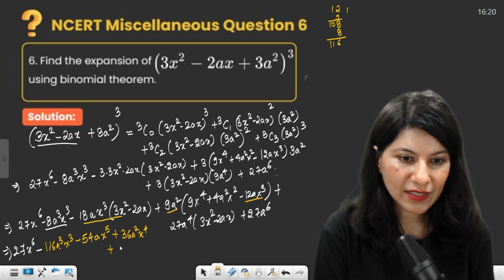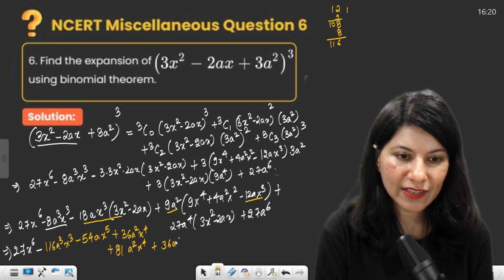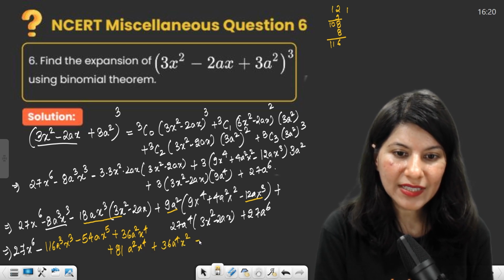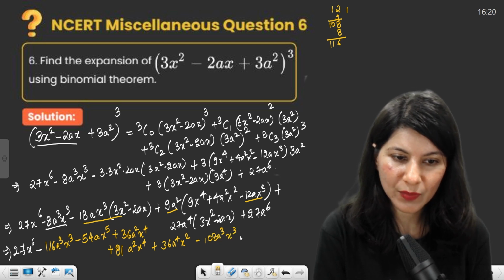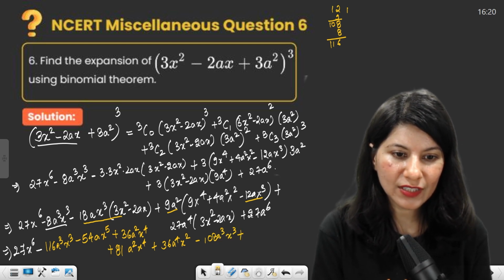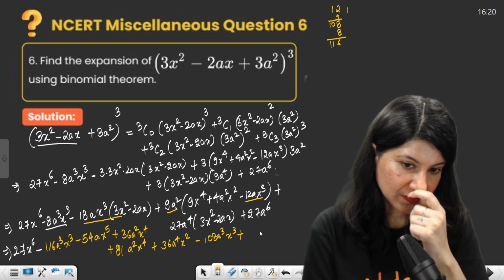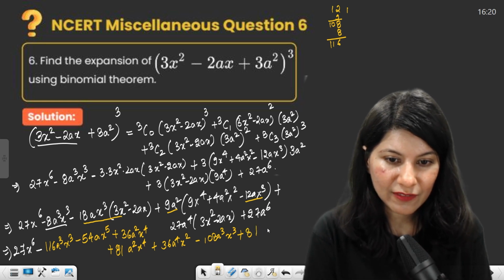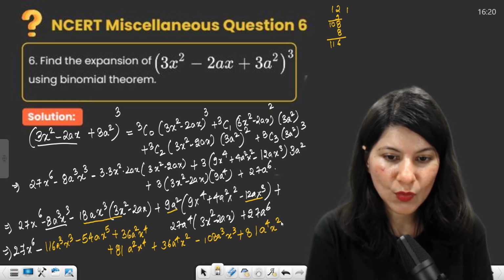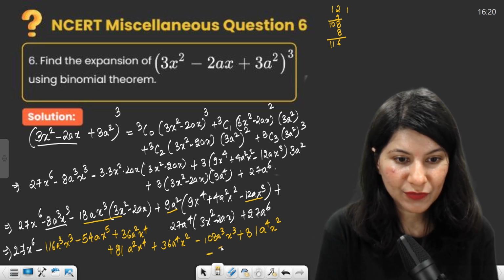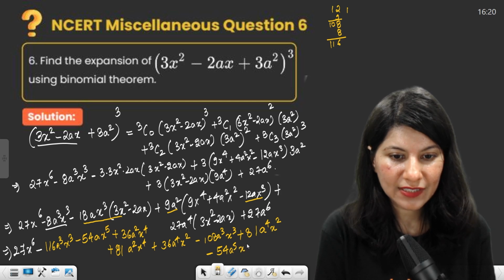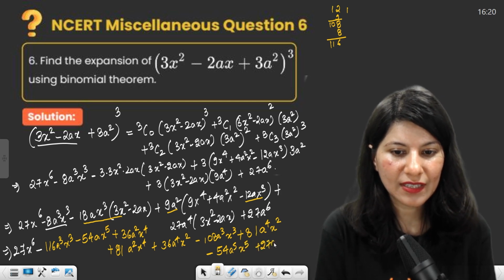Then we are having 9 9s are 81, again a square x power 4, plus 9 4s are 36 a4 x square, minus 12 9s are 108 a cube x cube. Perfect. Then 27 into 2, 54 a5 x5 plus 27 a6.